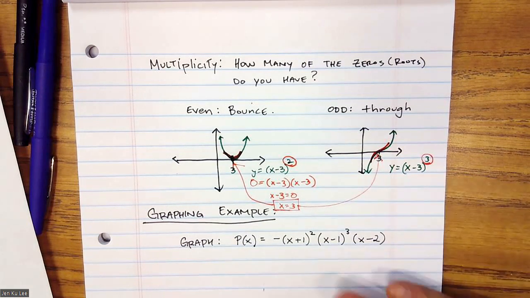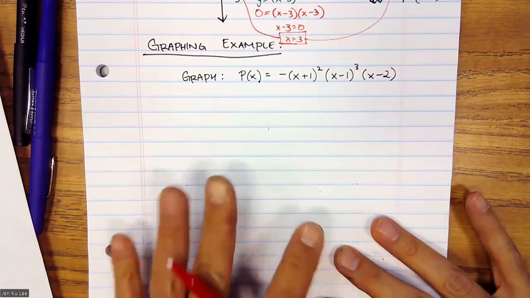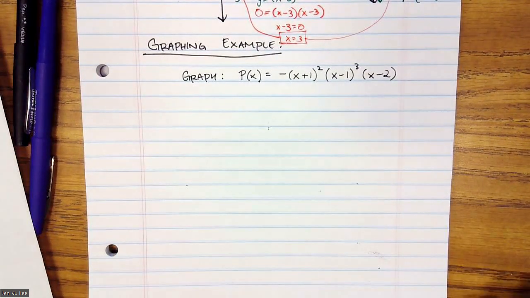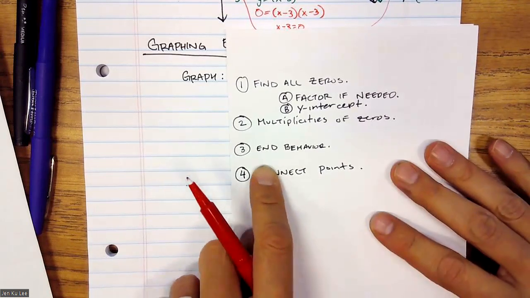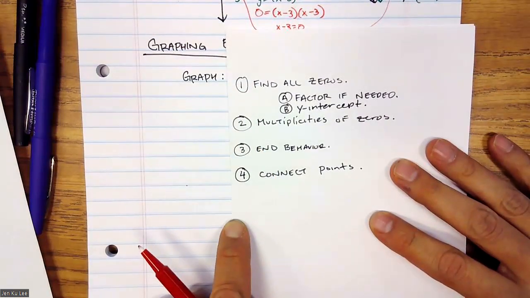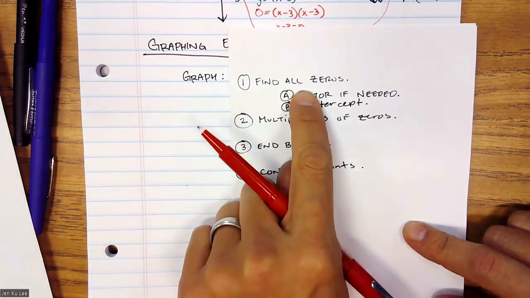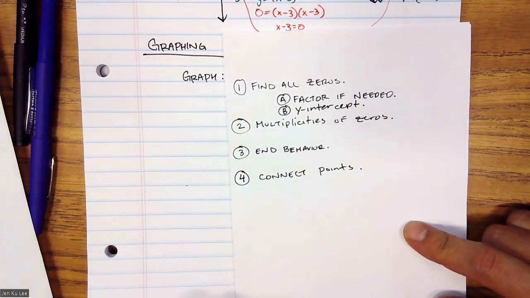Okay? And again, I'm going to do a graphing example here with the multiplicity, so don't worry if you do not understand that. Okay? So how do we approach graphing? Here are the steps to graphing it, and stop the video if you need to write out the steps. The first step is to find all the zeros. If needed, you're going to factor, and you're going to find the y-intercept.